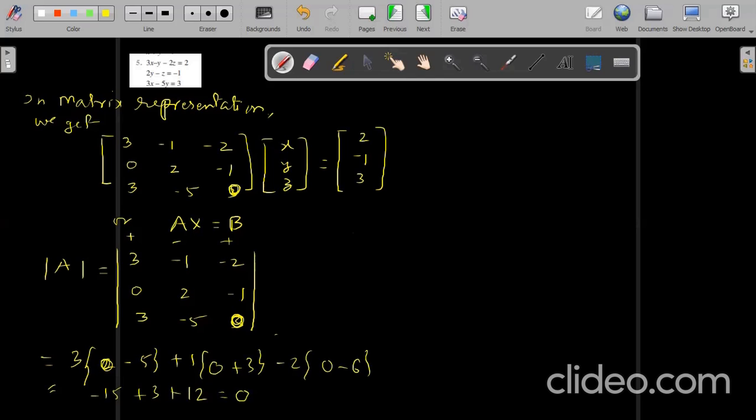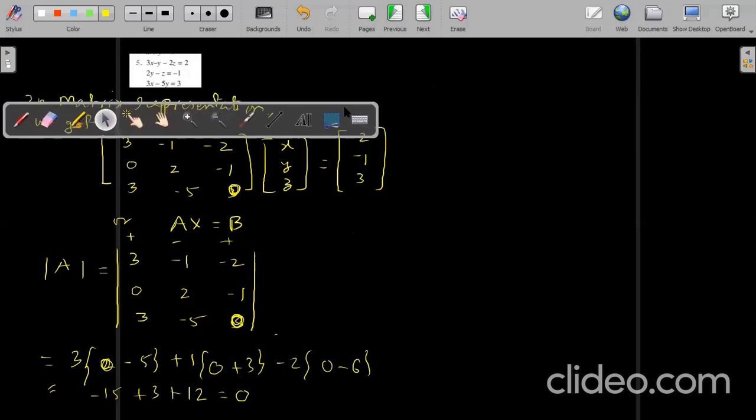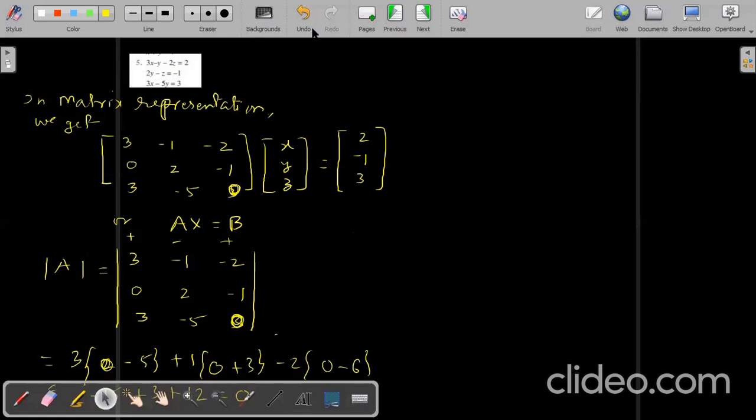Okay. When it is 0, now we have to find the adjoint A. In order to find the adjoint A, we need to find C11, C12, C13, all values. C11 means minus 1 raised to power 2, positive.